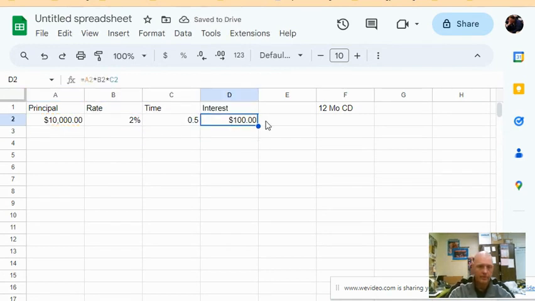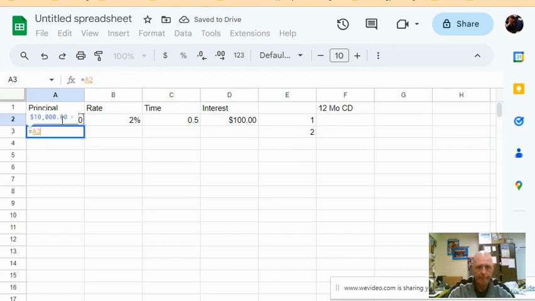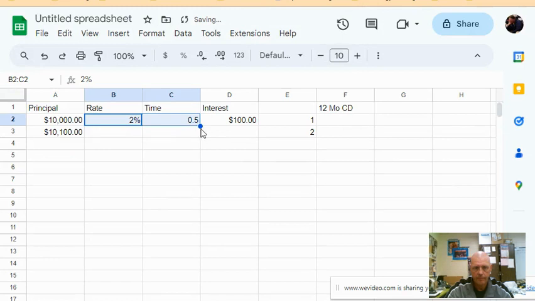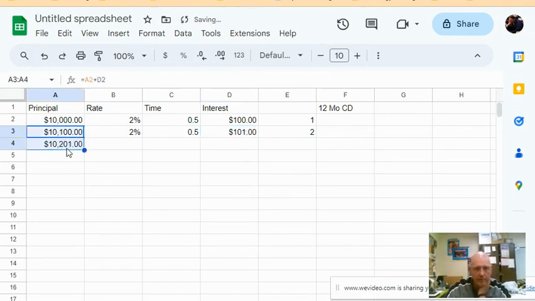I got $100 after 6 months. I'm going to do this calculation 2 times. Again, I'm not done here. I need to go ahead and drag it down, and my final answer, $10,201.